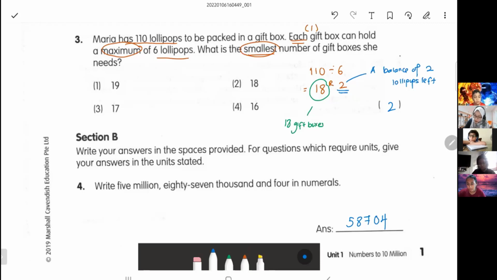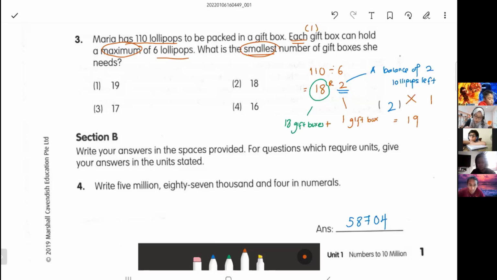What happened to these lollipops? Do I leave them without a box? Cannot. I must put them into a box, so I need 1 more gift box. So it equals 19, not 2 but 19. Understand? Because the lollipops cannot be alone, they must be put inside a box.